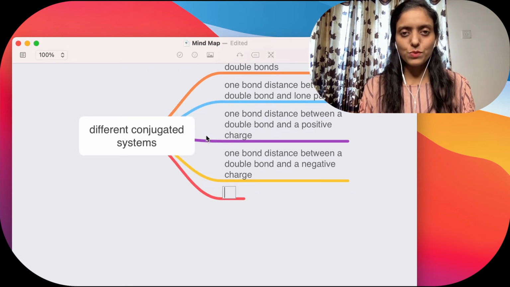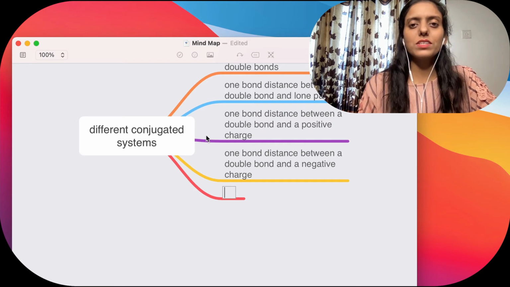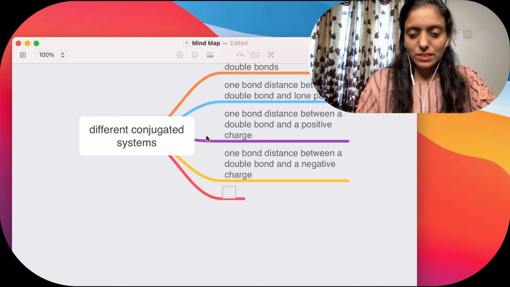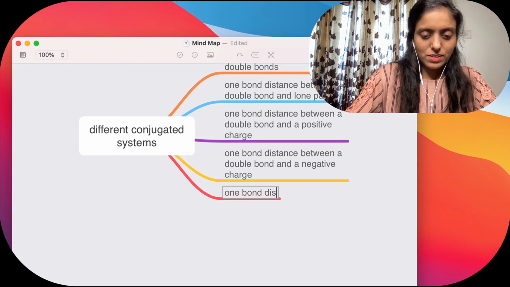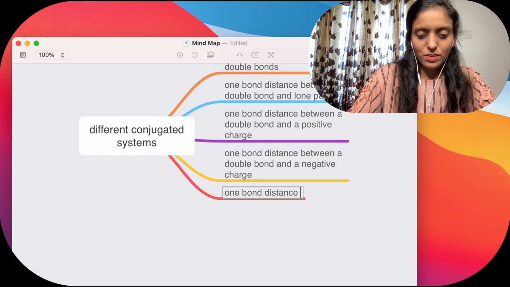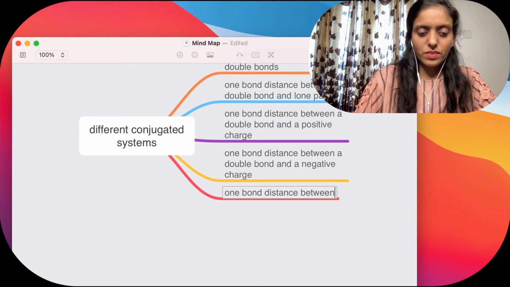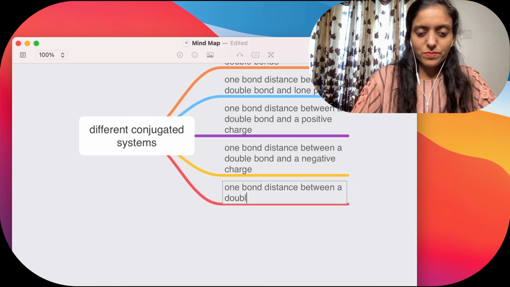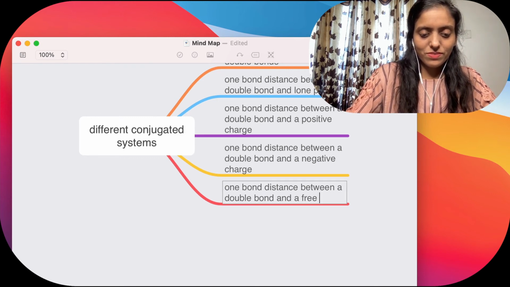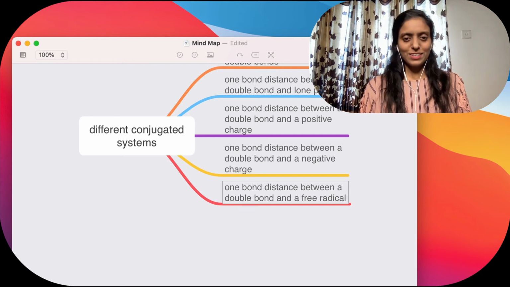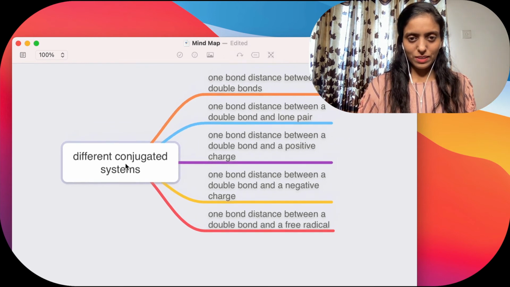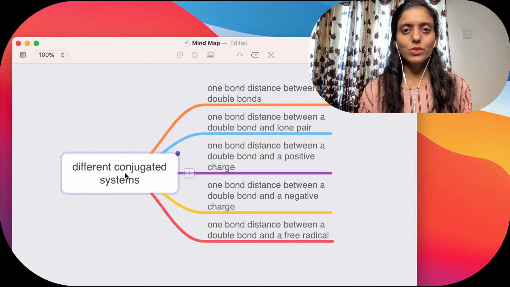And the fifth one, the last one is, if there is a one bond distance between a double bond and a free radical. One bond distance between a double bond and a free radical.